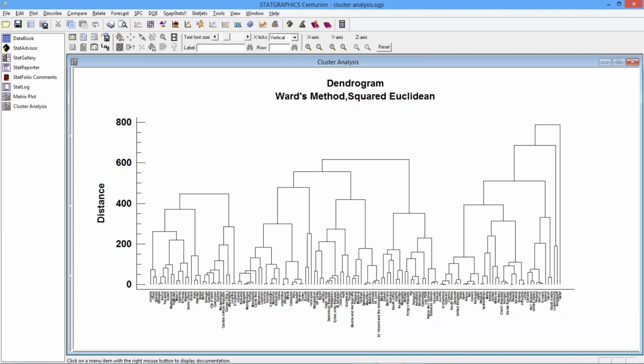And now you can see 3 nice groups of countries that have been created. A group here, a group here, and a group here. Okay. I have found for this particular data set that Ward's method gives me what I think is an intuitively nice collection, separation of the countries into clusters.